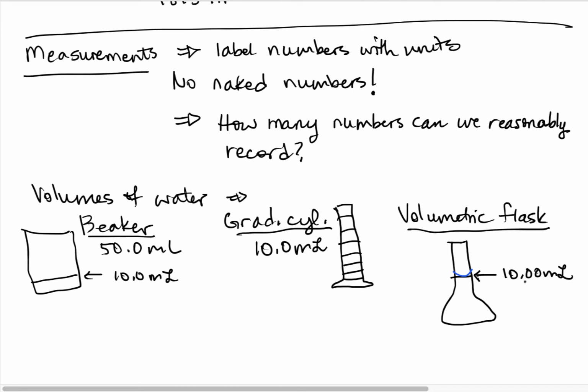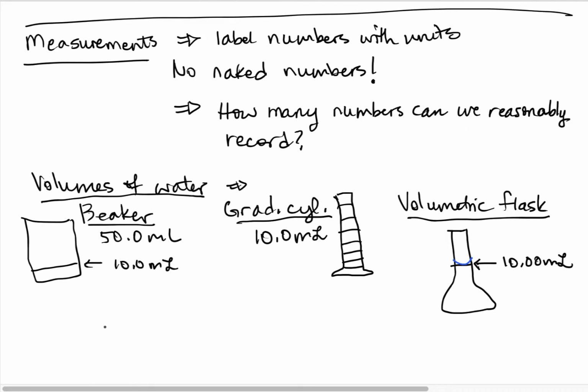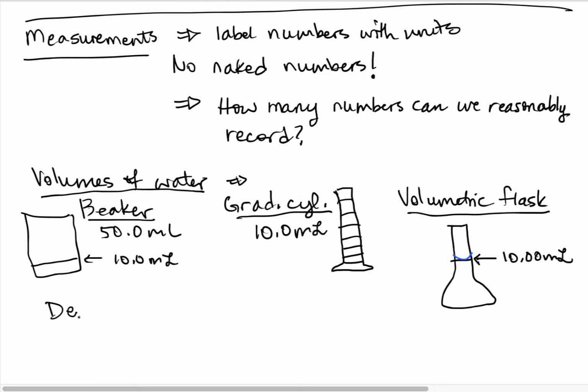The way that I measured the actual volume of the water here was I filled up each container up to its 10 milliliter mark to the best of my ability, and then I weighed it. I took the temperature of the water and then I calculated what the true volume was from the mass, right? Using density. Density is equal to the mass over the volume.